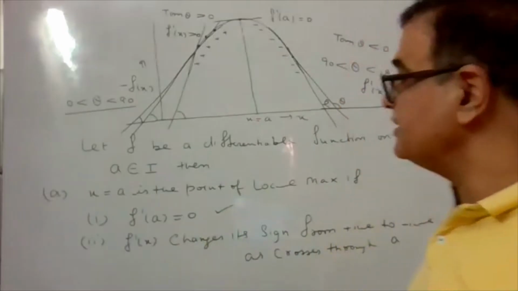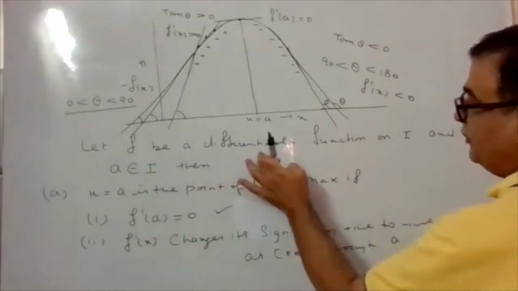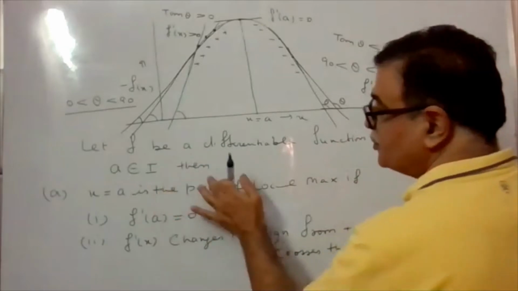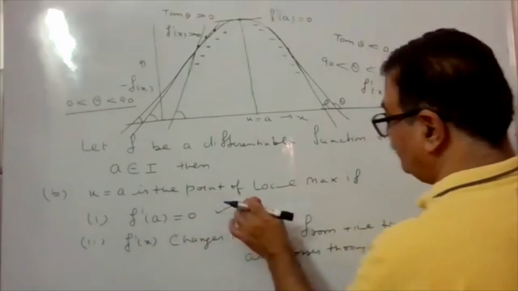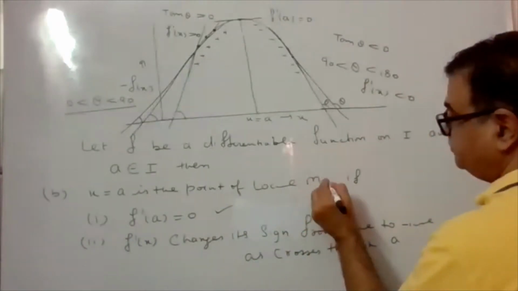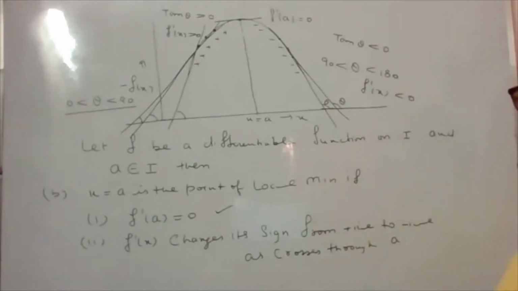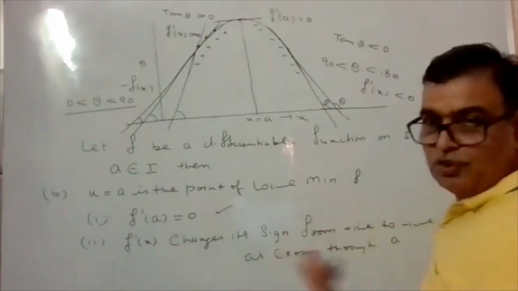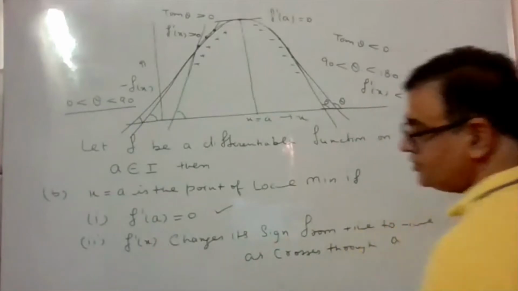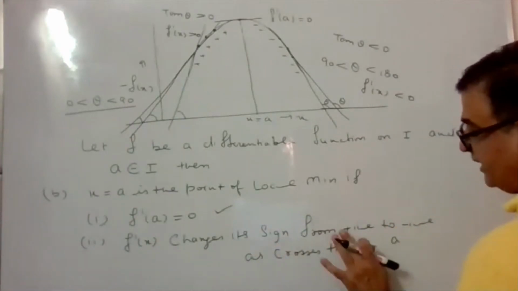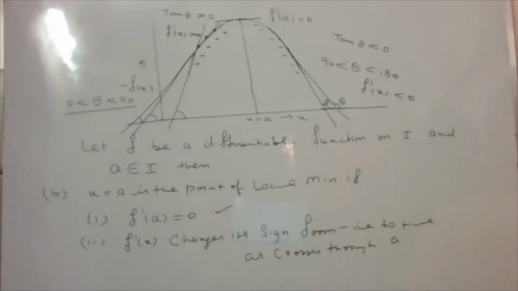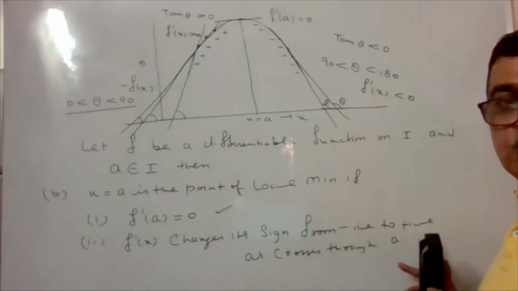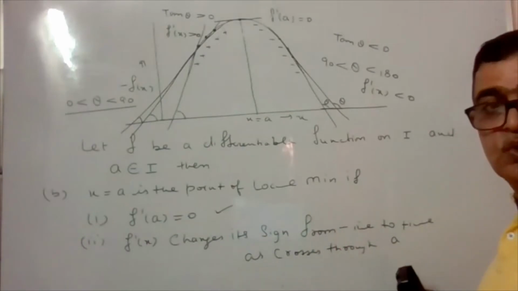In the same way, for the second part, let f be a differentiable function on I and a belongs to I. It says x is a point of local minimum if the first condition holds: f dash a has to be 0, no problem in it. The second condition changes here: f dash x changes its sign from negative to positive as it crosses through a.